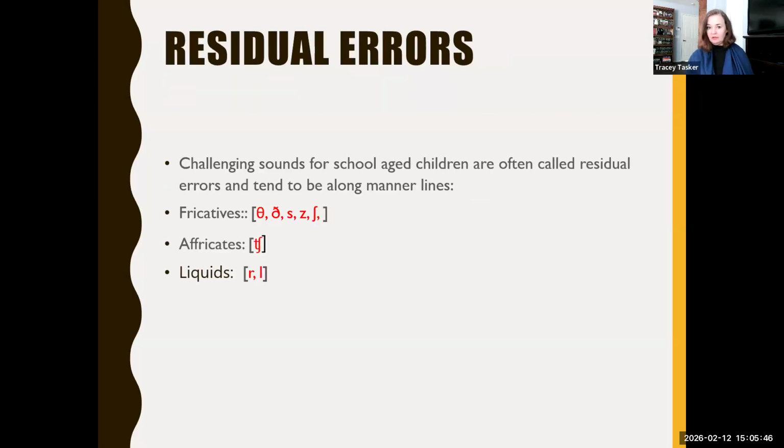In speech therapy, I mentioned manner is important. The challenging sounds for school-age children are often in these manners. So fricatives are often being treated, affricates, and liquids. These are the sounds that, if the children are making errors, often don't resolve first. These are the ones that tend to need to be remediated in speech therapy.